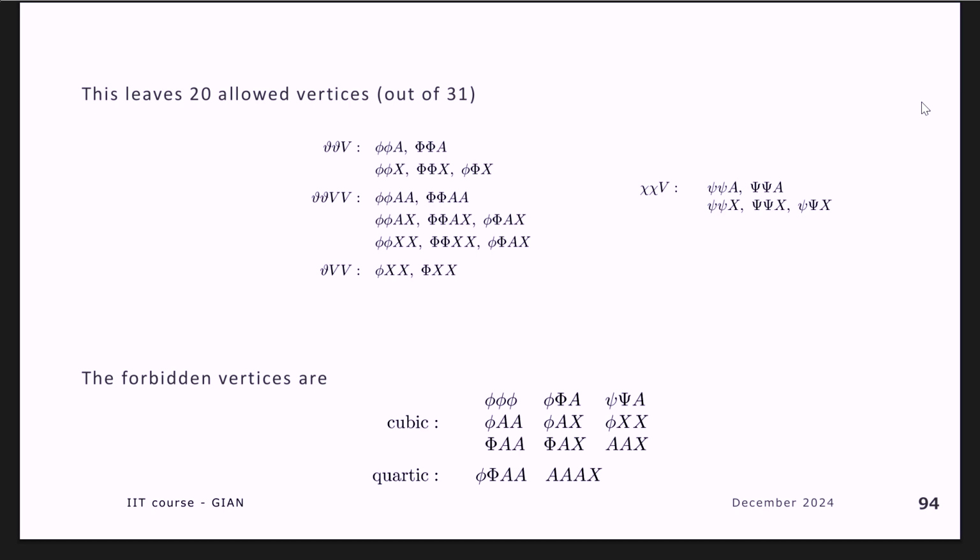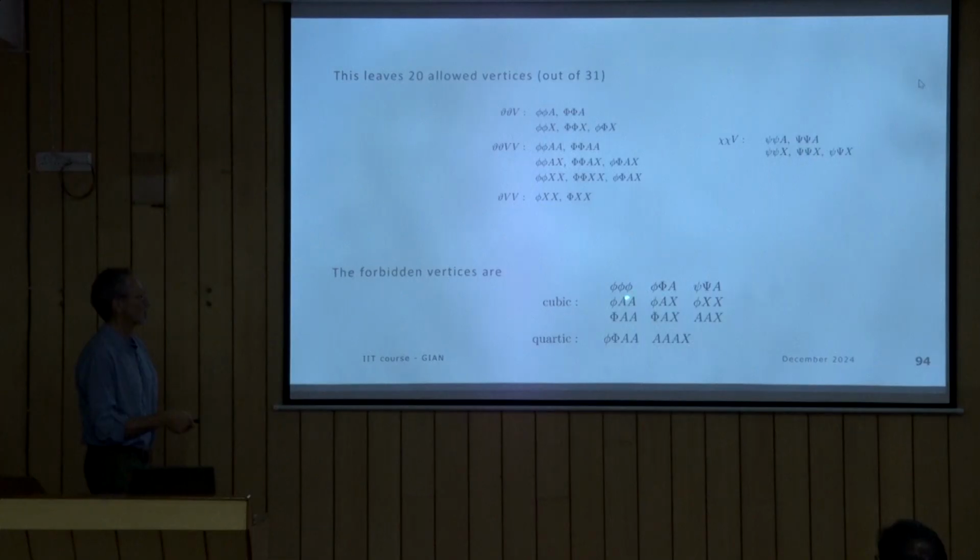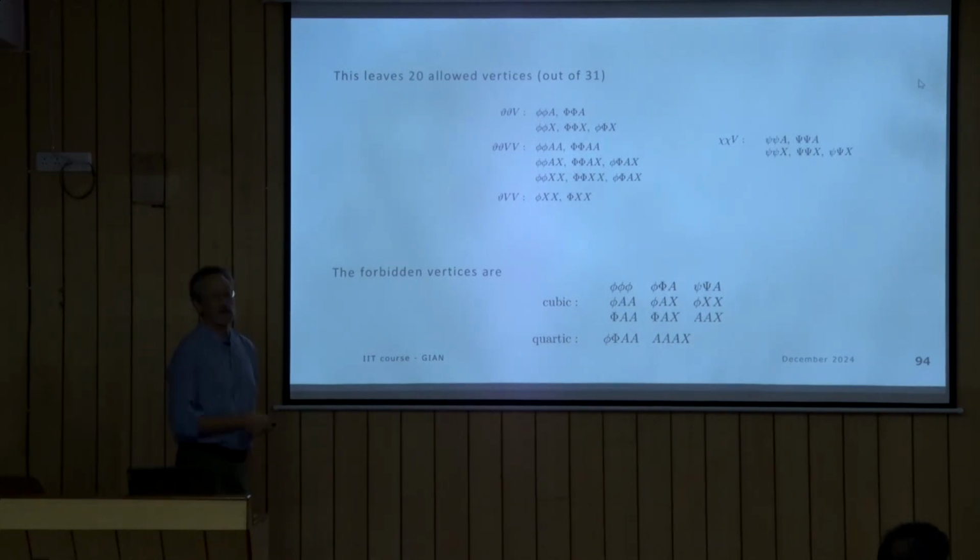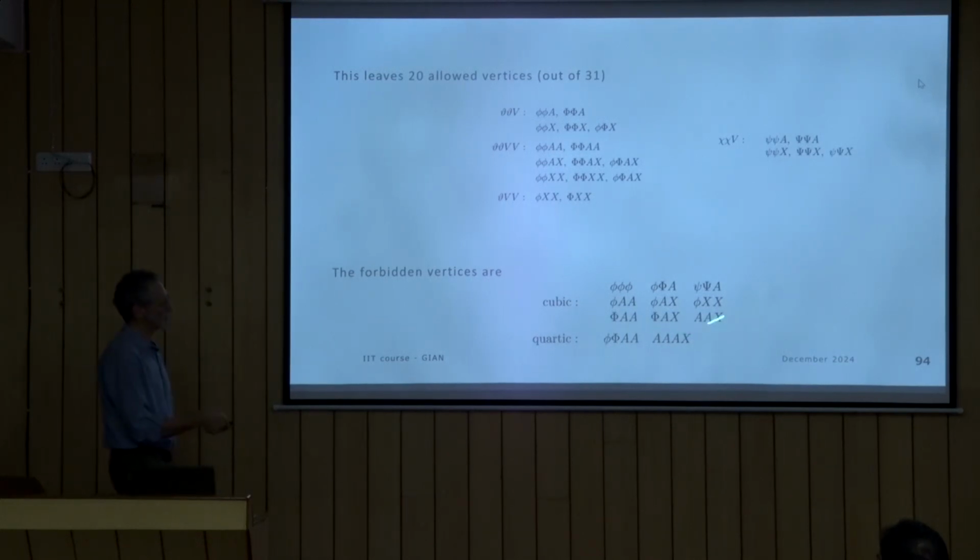When you break the standard model symmetry, you will generate a Higgs ZZ vertex, right? But since I have not broken it, this just doesn't show up. And the quartic vertices forbidden are these guys for those involving bosons only.